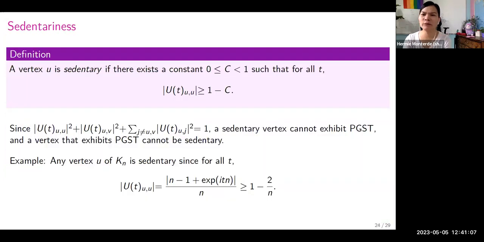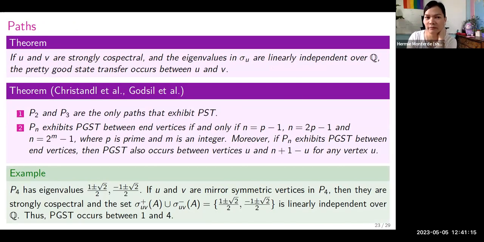Okay, before I move on, this will be my last. Okay, I'm almost done. So paths are interesting to physicists and mathematicians because they are the sparsest graphs that are connected, right? So the problems here in quantum state transfer are pretty much rooted in the problems related to the application.